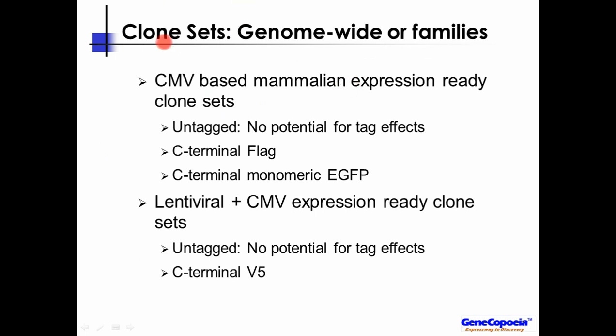All right, so I also mentioned earlier in the talk that we have clone sets. These can be genome-wide or in families, and I went through these details earlier. The non-viral vectors come either untagged or with C-terminal flag tags or C-terminal monomeric GFP tags, whereas the lentiviral versions come either untagged or with C-terminal V5 tags.